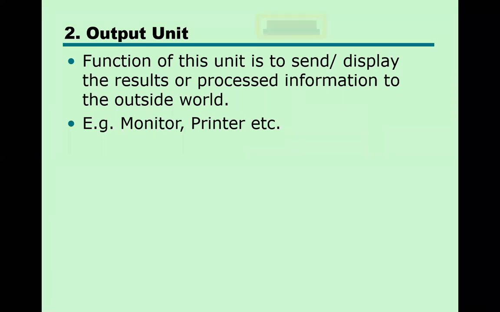Whatever information the computer is processing, you can see it on the monitor or the printer, or there are a number of different types of output units to get the information. So, input unit, output unit.